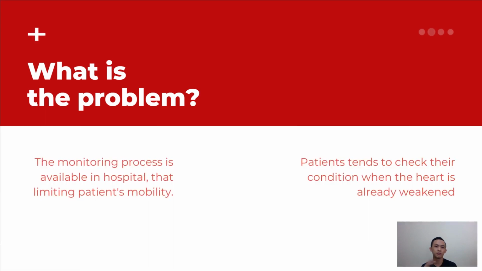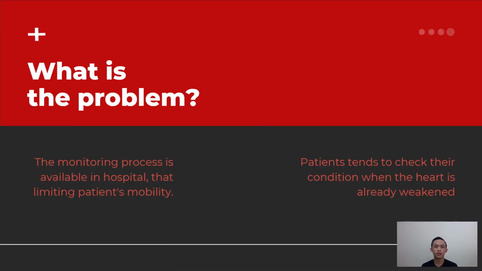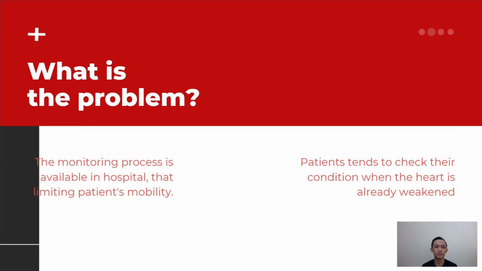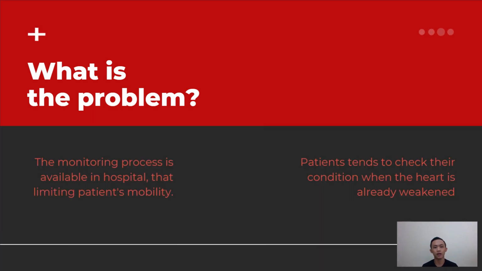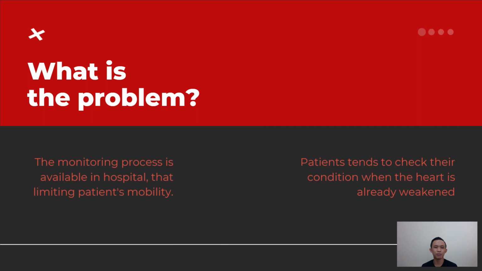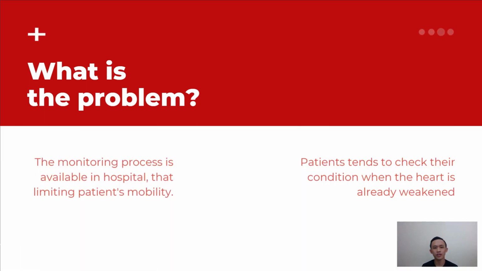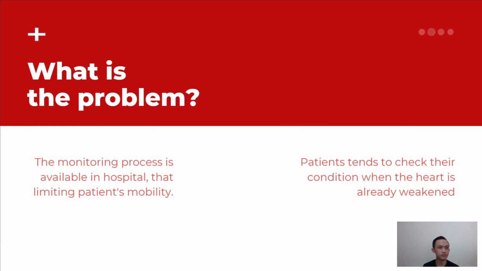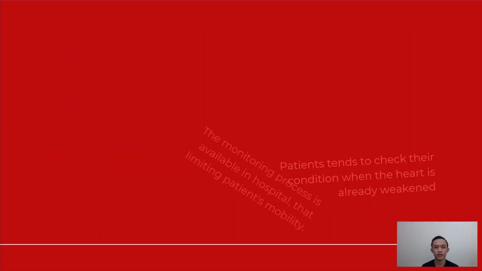And there is an additional problem: most cases are found when the patient's heart has already declined and they are already experiencing heart failure. So there are few patients who proactively check themselves and prevent, or at least reduce, the effect of heart failure.